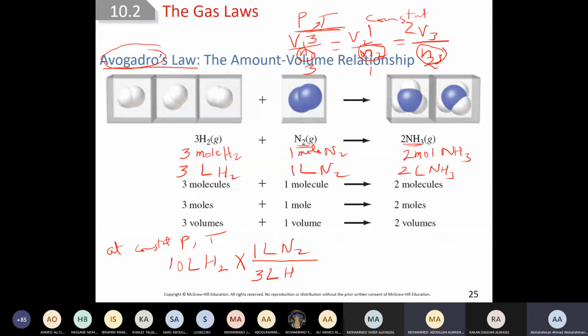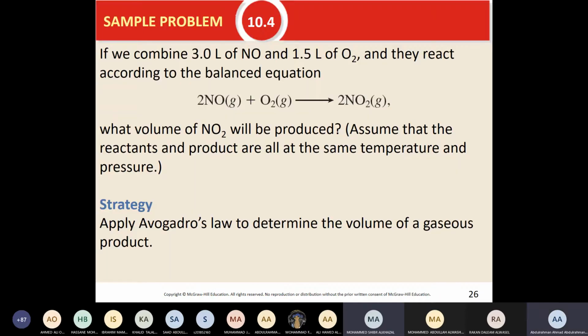Exactly, and you have the answer 3.33 liters N2. Clear? And again, if I have 10 liters of hydrogen, how many NH3 am I going to produce? 2 liters of ammonia over 3 liters of hydrogen. Is this clear? I hope so. Good.